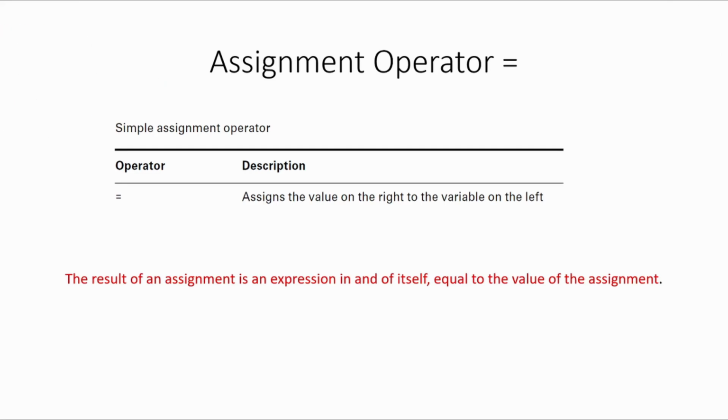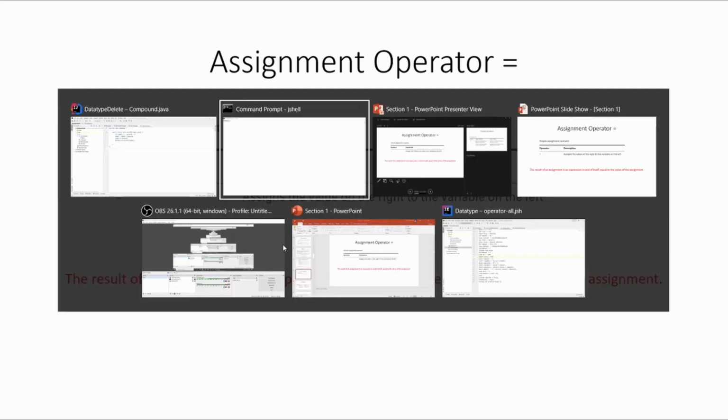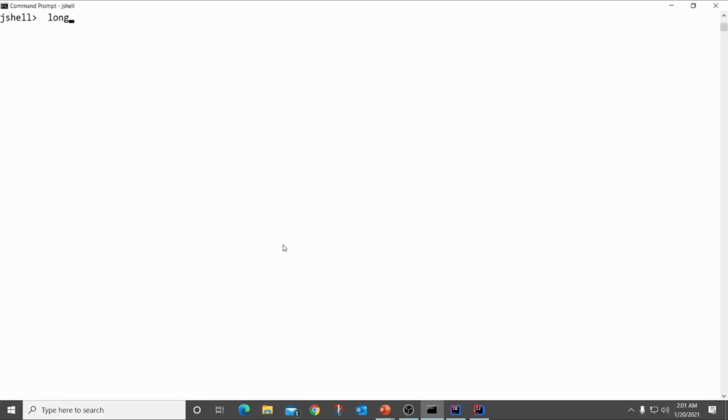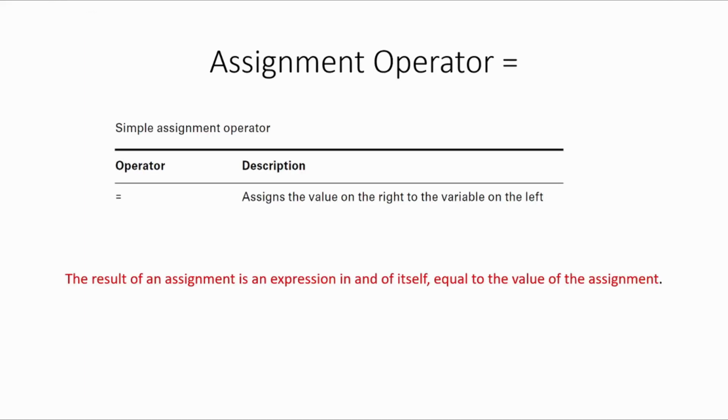Assignment operator. The assignment operator assigns the value on the right to the variable on the left. For instance, if I have long wolf equals to 5, it assigns the value 5 into the variable wolf, which is on the left hand side of the equal sign. The result of an assignment is an expression in and of itself equal to the value of the assignment.